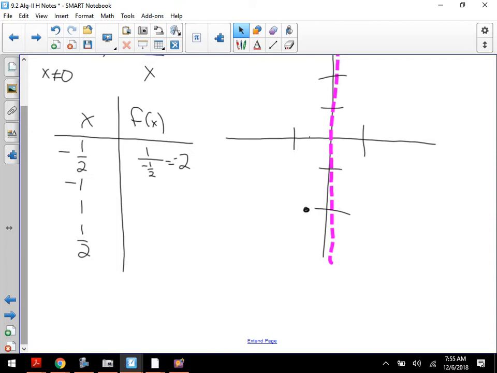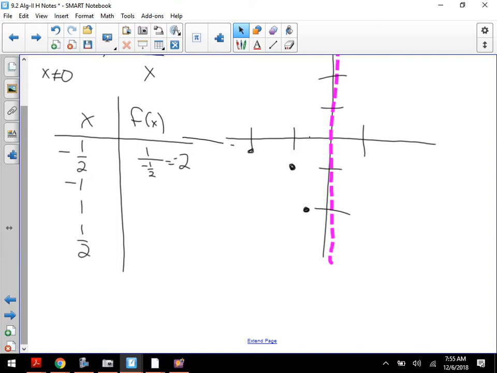What's 1 divided by -1? -1. All right. What would be 1 divided by -2? -1/2. And so on, and so on, and so on.